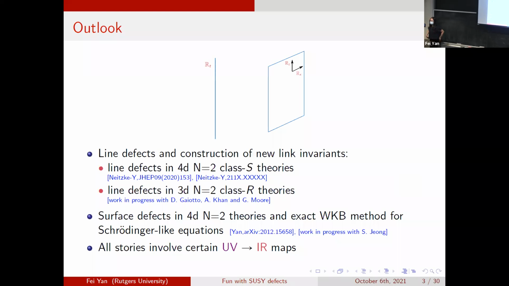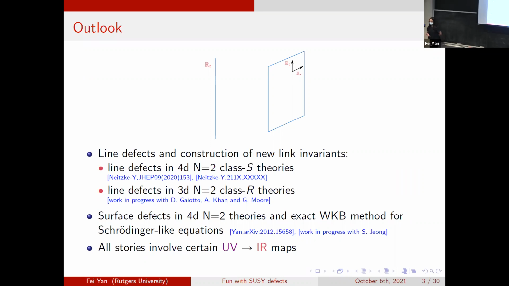Just the outlook. Roughly the first half, or maybe half plus a quarter of the talk, will be about line defects. In particular, I will talk about line defects in a large class of 4D QFTs with 8 supercharges, the so-called 4D N=2 class S theories.